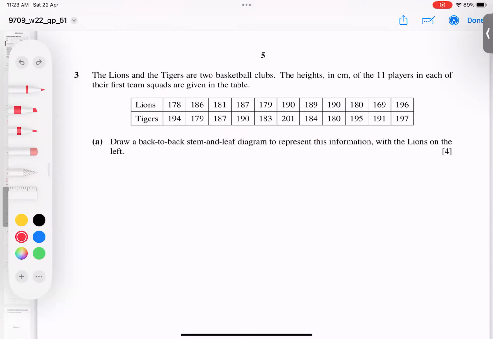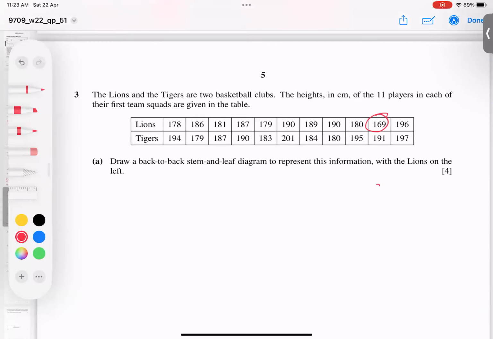So it is coming 169, I think. 169 is our least, but let me check for any value less than this one. No, 169 is the smallest value I have.